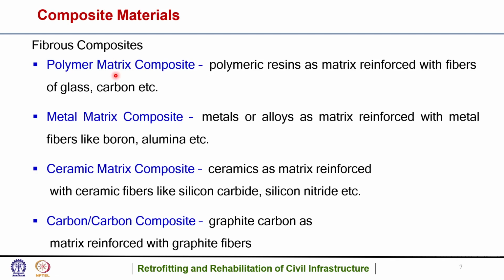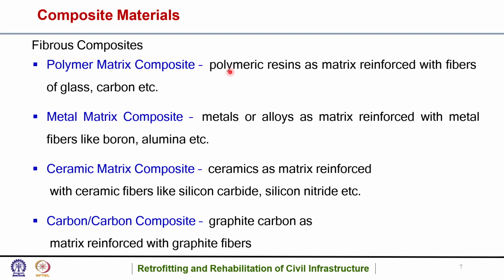So first let us go through the fibrous composite. Inside fibrous composites, there are various types: polymer matrix composite, metal matrix composite, ceramic matrix composite, and carbon-carbon composite.